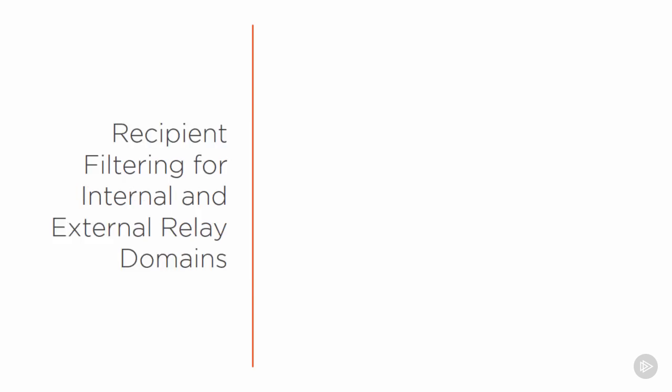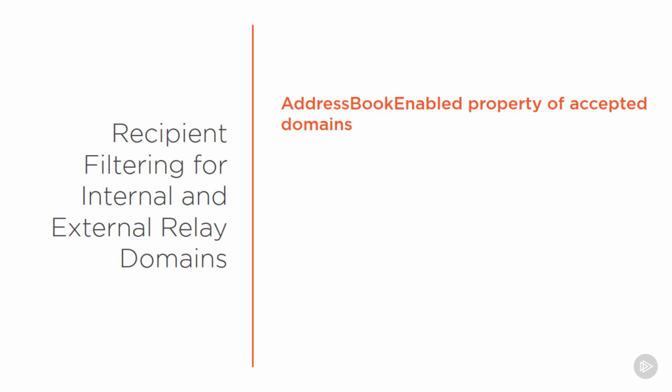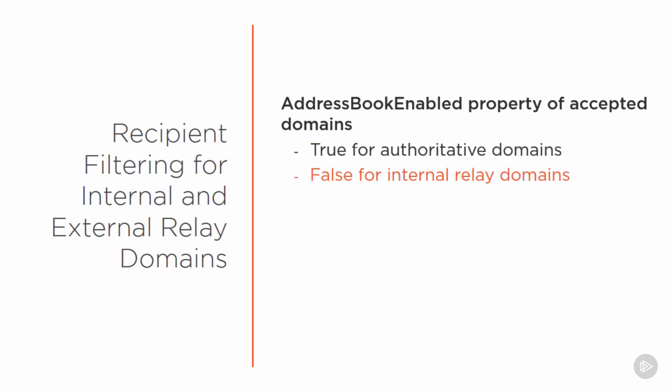For accepted domains that are configured as internal or external relay domains, the address book enabled property needs to be considered in light of recipient filtering. Address book enabled should only be set to true for authoritative domains. It must be set to false for internal relay domains, and it must be set to false for external relay domains.